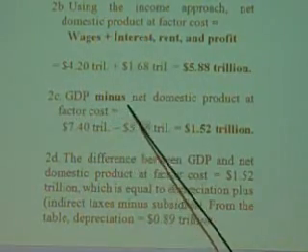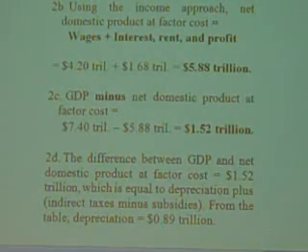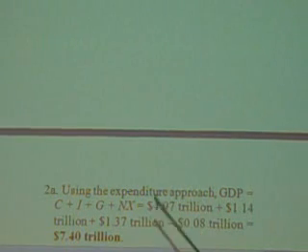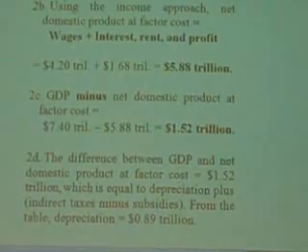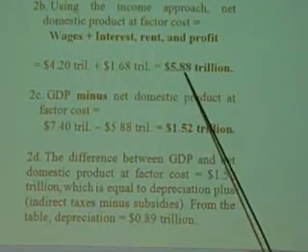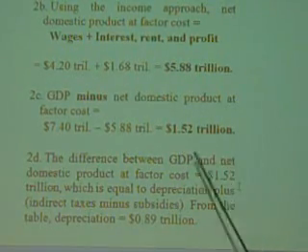2C is GDP minus net domestic product at factor cost. Well, you take the earlier number of 7.4 trillion right here, and I know it's hard to get all this on one screen, minus the number that you just calculated, 5.88 trillion, and come up with 1.52 trillion.